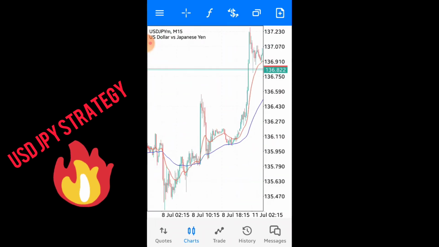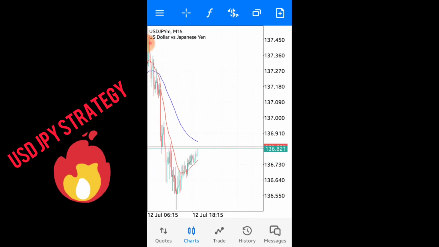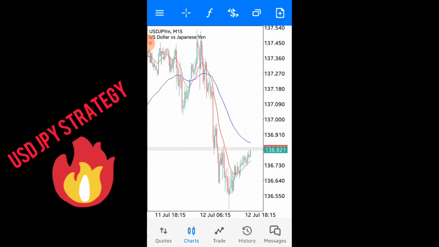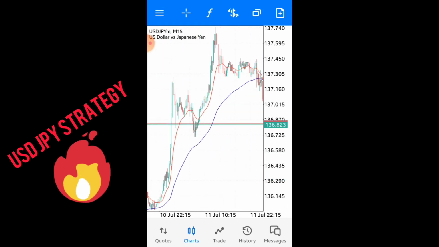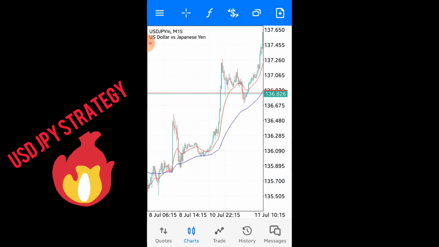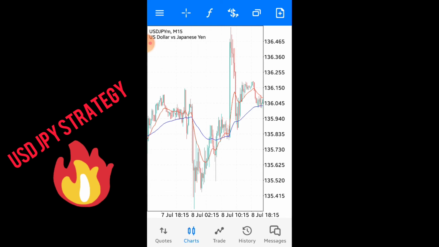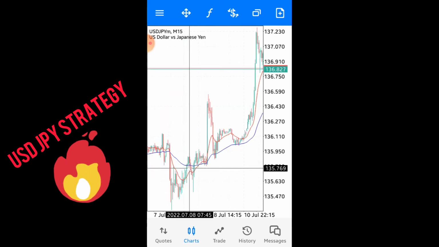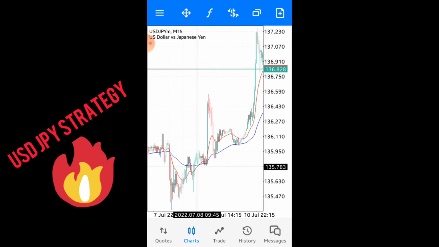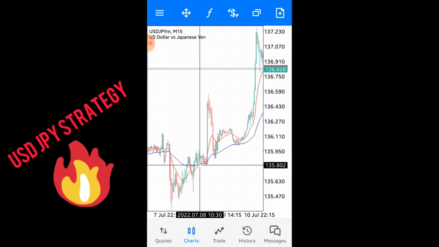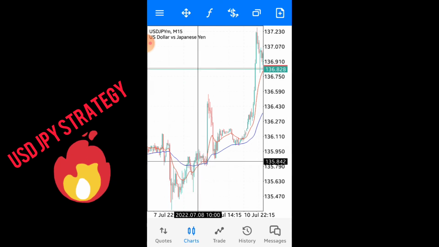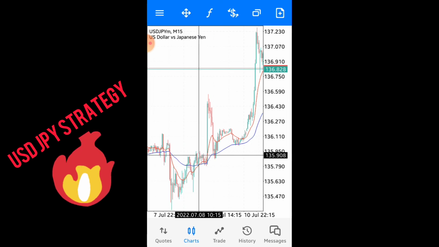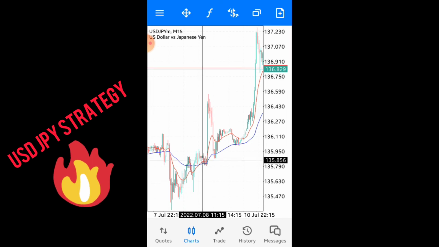Now you must be asking yourself, when do I get in, and where do I put my take profit and stop loss? So now let's start from here, where this first cross happened. This is the candlestick after the cross happened, this very red candlestick here.